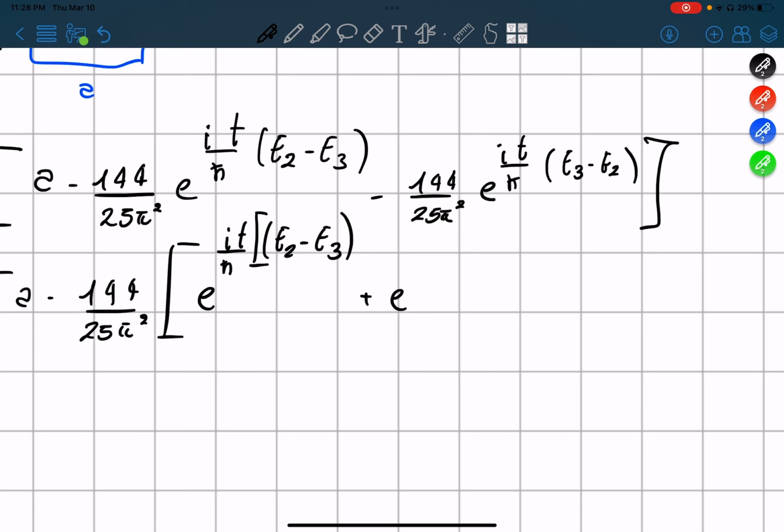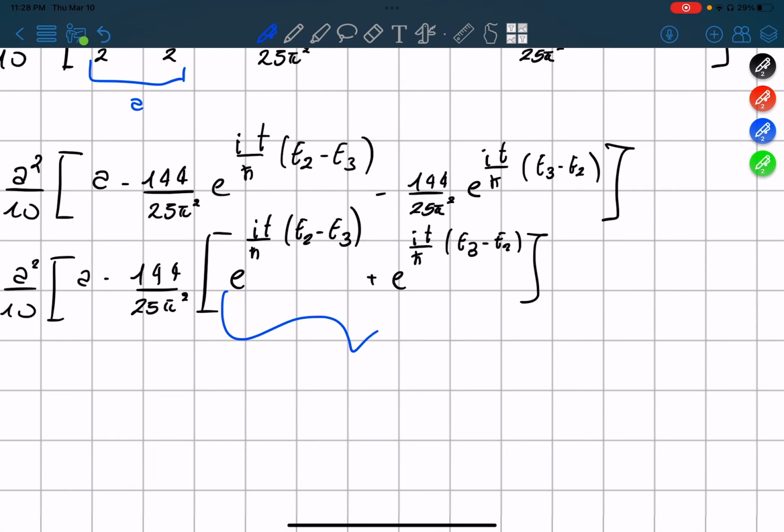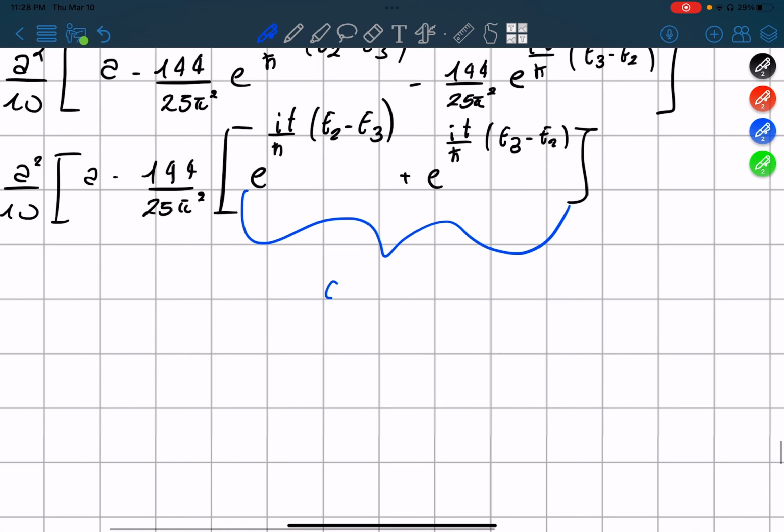Plus e to the power of i over h bar E3 minus E2. This one is equal to the cosine of E3 minus E2 times t over h bar. We got it better. Okay, there we go.